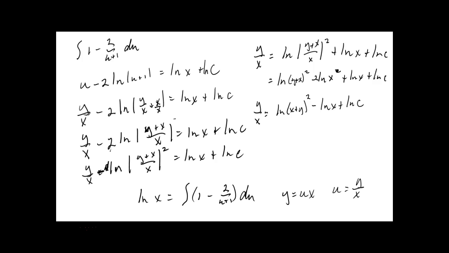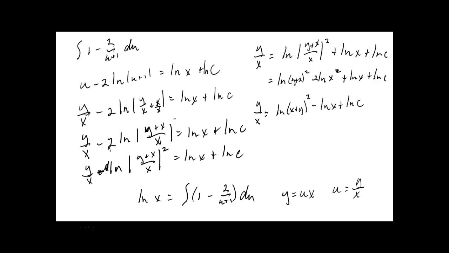They do something really bizarre here. I've lost where they are. Negative 2 log x, where did that go?